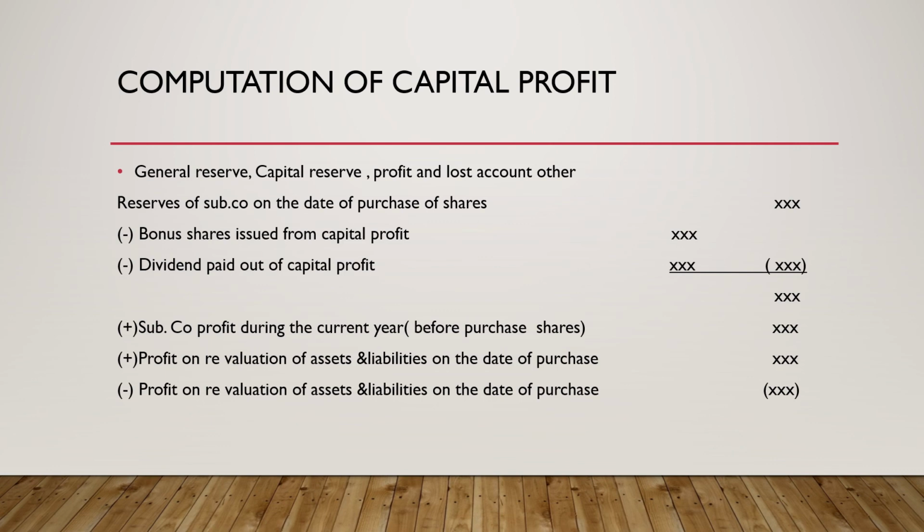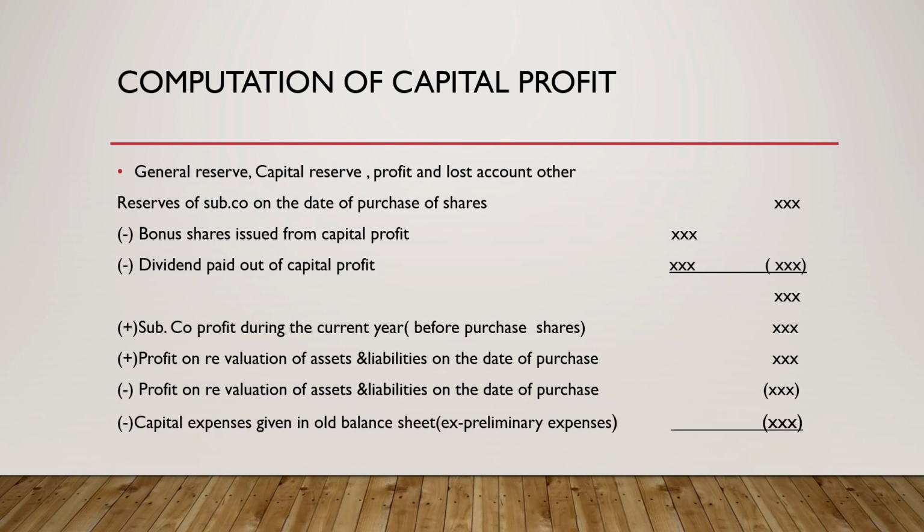And finally, if there is any capital expenditure shown in the old balance sheet, for example preliminary expenses recorded on the asset side, if you find such capital loss or expenditure, it has to be subtracted from capital profit. These are the maximum adjustments that can be made when calculating capital profit.